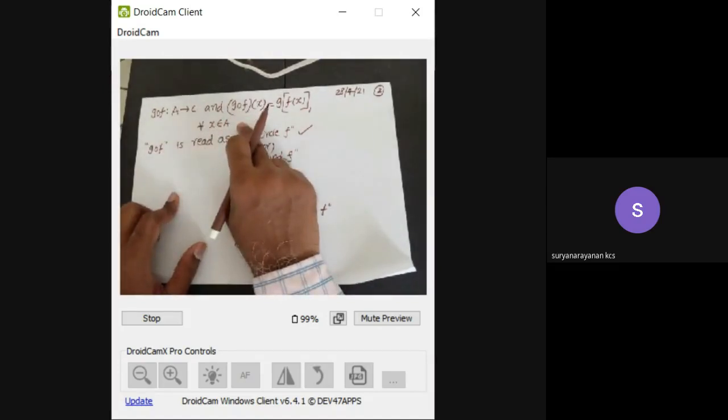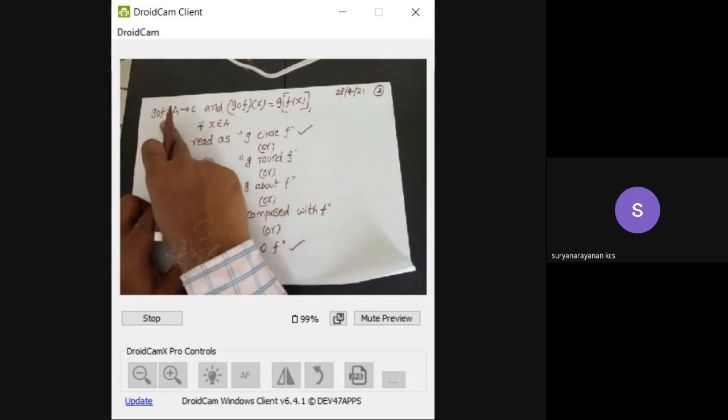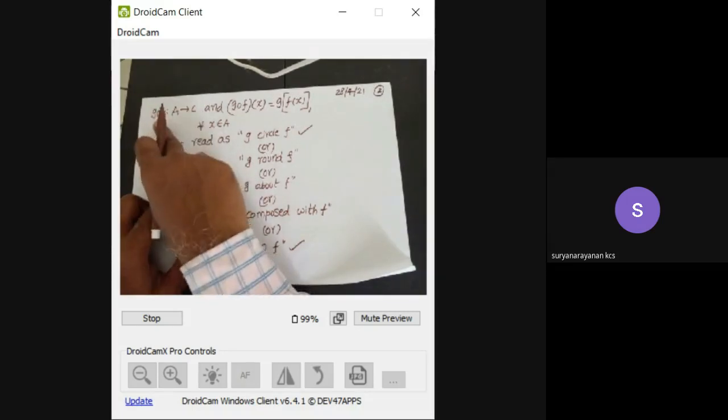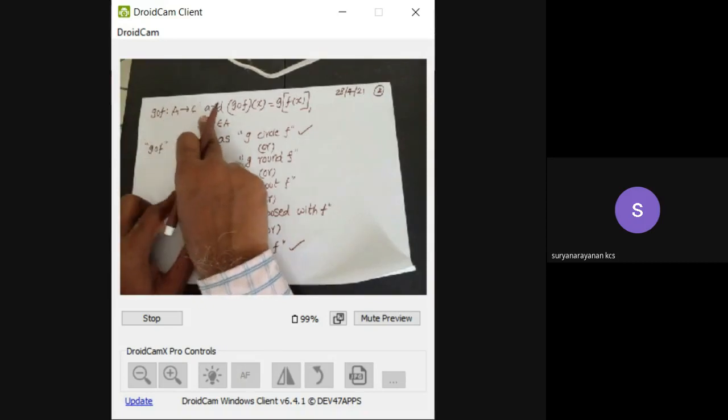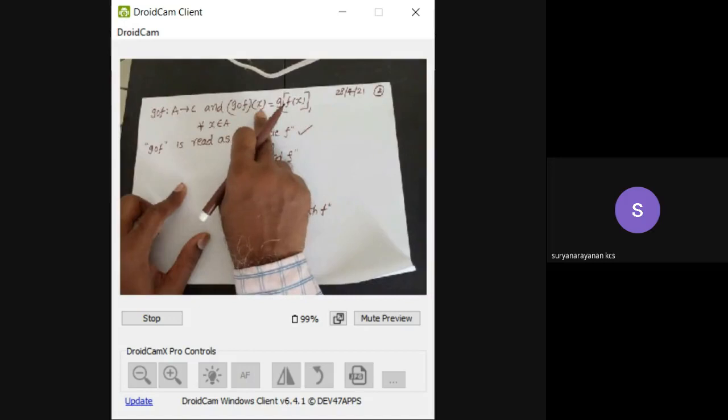All of you listen carefully, and then you read the same two lines one by one. G circle F is a mapping from A to C. Pay attention here, my children.